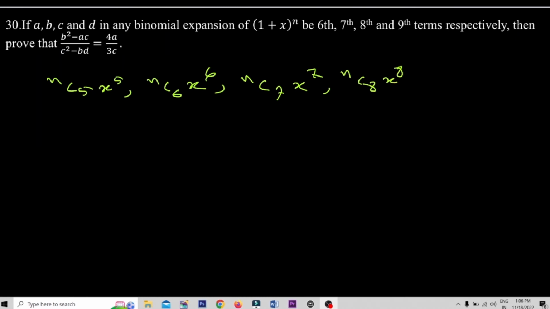So 6th, 7th, 8th, 9th, these are the four terms.